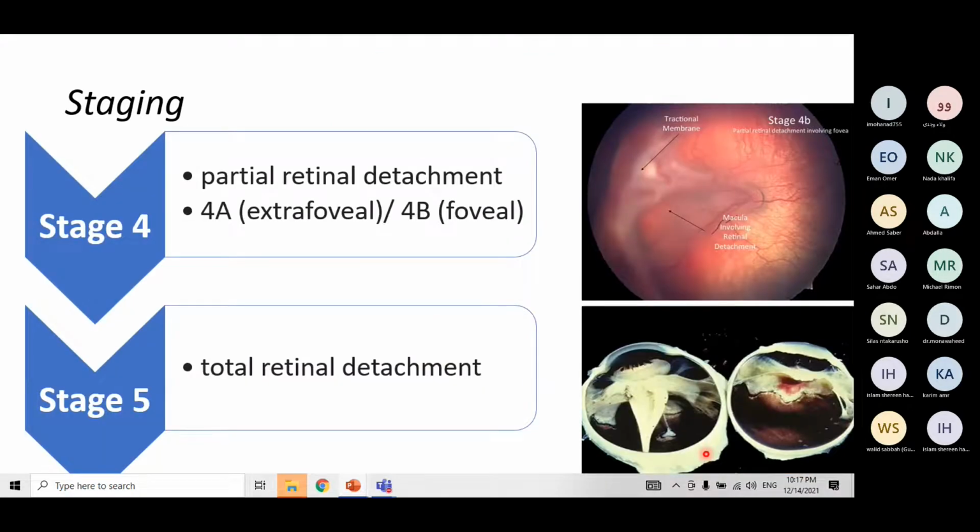Stage 4 is incomplete retinal detachment. So you have contraction of the glial tissue, which causes elevation of the retina, but the detachment is still incomplete. There are parts of the retina which are still attached. This is in contrast to stage 5, in which the retina is completely detached.